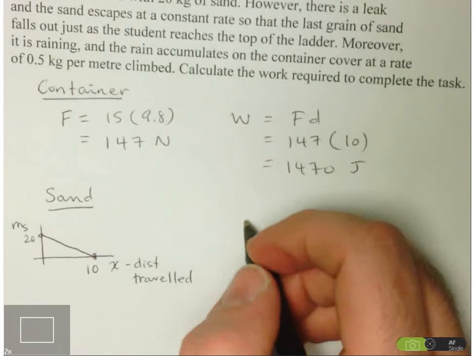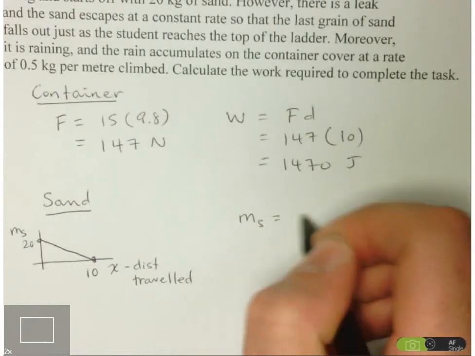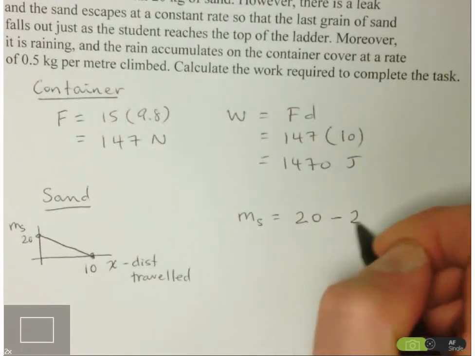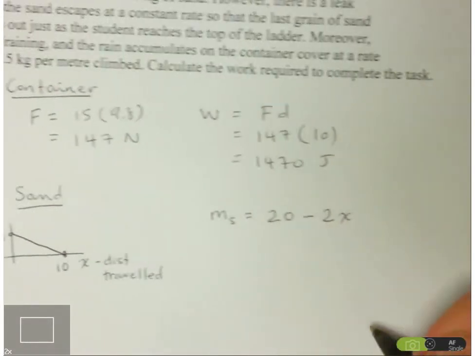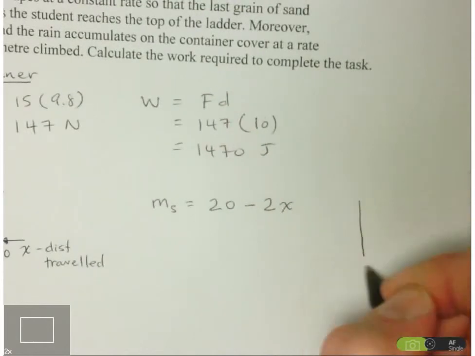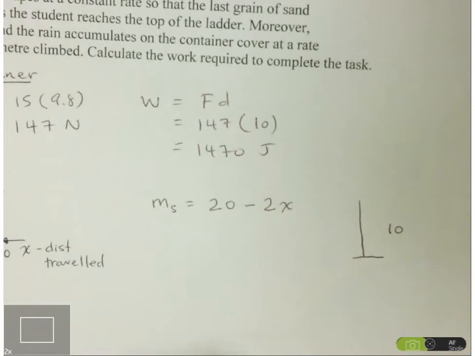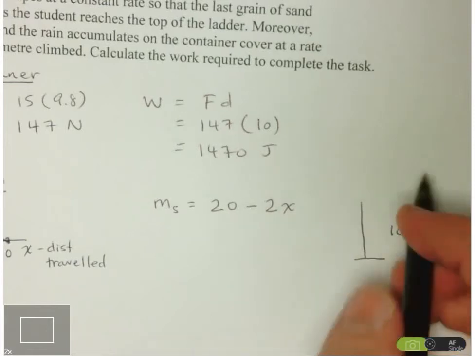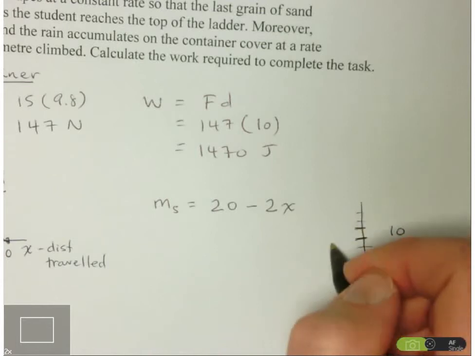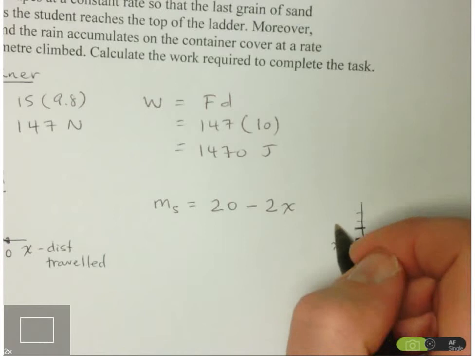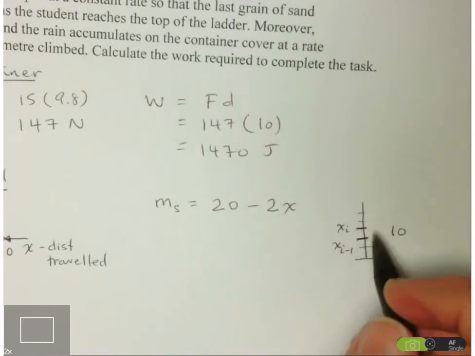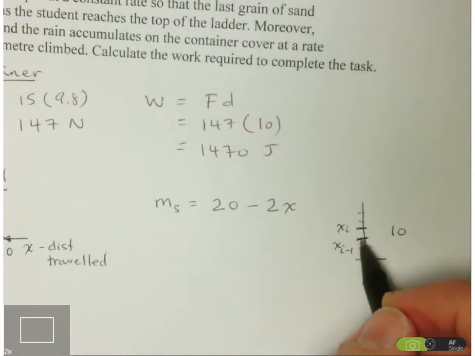So we can come up with an equation for the mass of the sand. It's just a linear equation, starting at 20, and the slope of this line is -2, so 20 minus 2x. Now what we want to do is determine the work. As we often do, we'll take our 10-meter distance that we have to cover and split it up into a partition, and in particular we'll look at one subinterval from x_{i-1} to x_i, and we'll assume that the mass can be considered constant in a small subinterval.